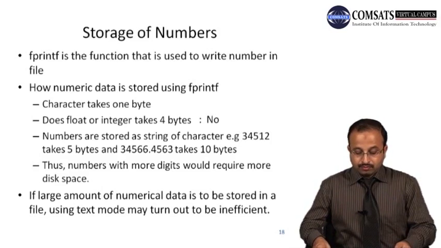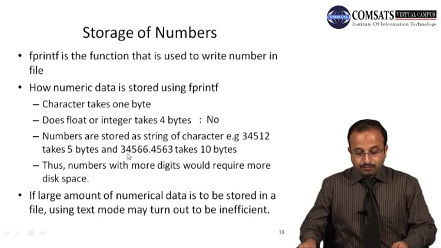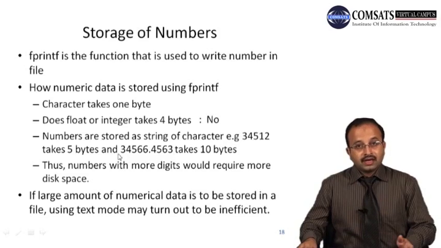So this will make the program inefficient because it will take a lot of space. This number, 34566.4563, should take 4 bytes to store, but now it takes 10 bytes because you are storing that number as a string. So every digit is a character then.